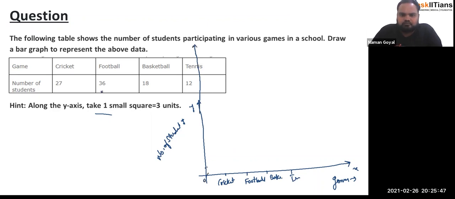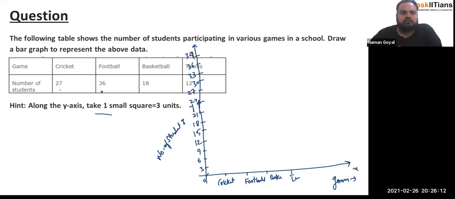So 0, 3, 6, 9, 12, 15, 18, 21, 24, 27, 30, 33, 36, and 39.